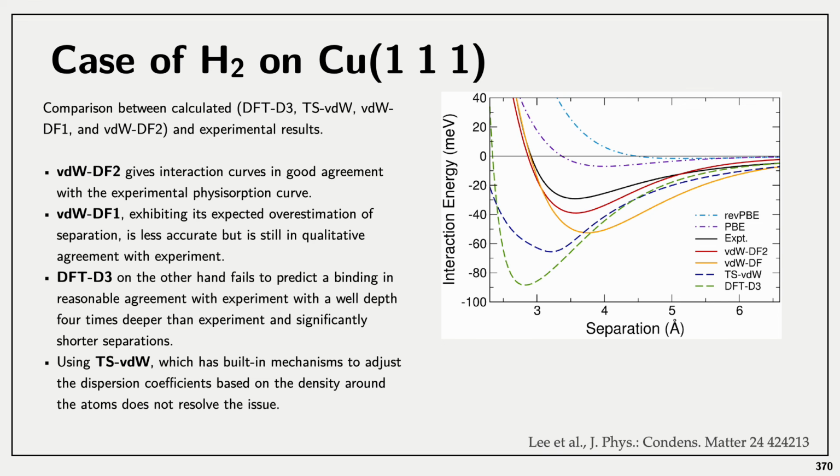You can see that the other methods like D3, so the Grimme approach, or the Tkatchenko-Scheffler, they do a good job at correcting the PBE results. So they obtain, there is in fact indeed a minimum in the curve, so including the van der Waals, but here it's too strong. So this is a particular case.